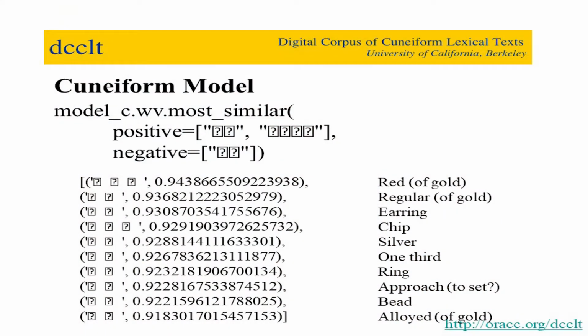Now, there's also something that worries me, in particular about the cuneiform model. If you look at the cuneiform model, I'm going back now to an experiment that I showed you earlier today, the grain and gold and bread one. These are the 10 most similar words that come out of that. And in content, they make good sense, I would say.